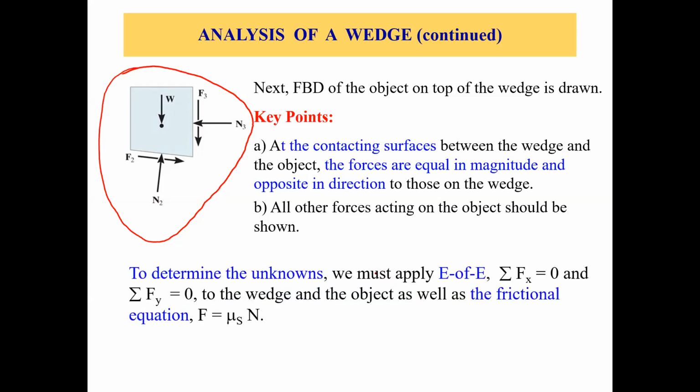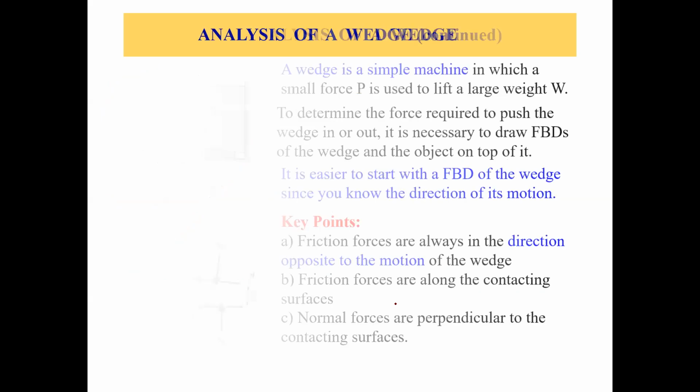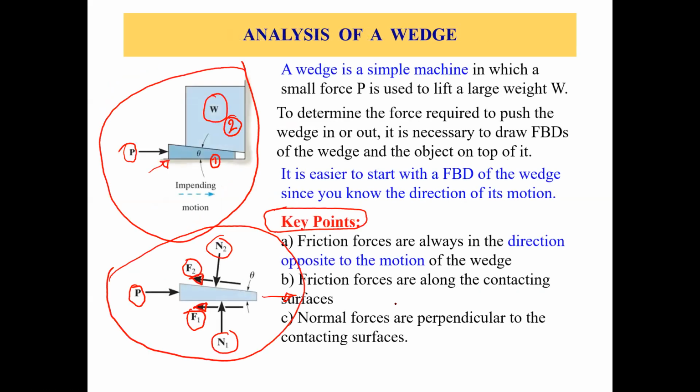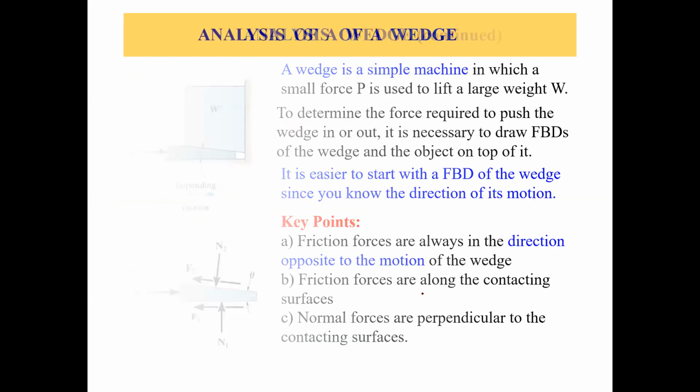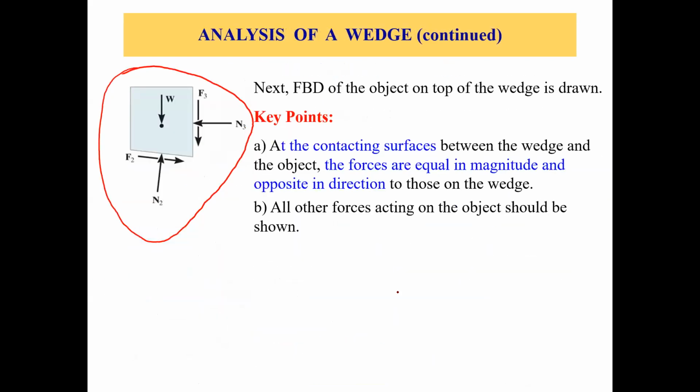If you go back, you can see that on top of this wedge, N2, the normal force, is acting downwards, and F2 is acting parallel to the surface, leftwards. Now on this box at the bottom, N2, the normal force, will be acting upwards, and F2 is acting rightwards.